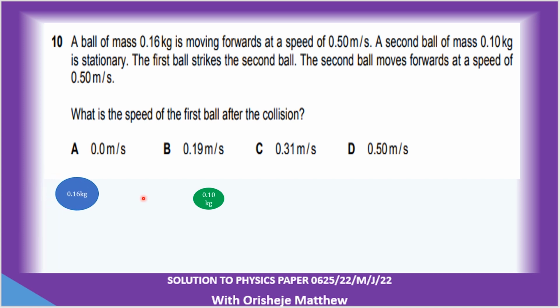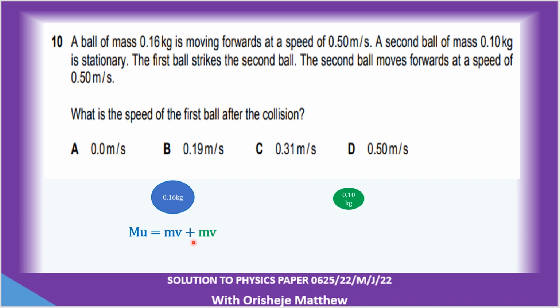So if we use that, it collides with it, and then this one zooms off, and then this one also zooms. Okay, but I didn't add that part. So assuming that this one moves off with the 0.5, so what is the final velocity of the green ball? So if we put that, we have this equation. So the only ball with momentum is the blue one. Then after collision, the momentum of the blue one is mv, while the momentum of the green one is mv.